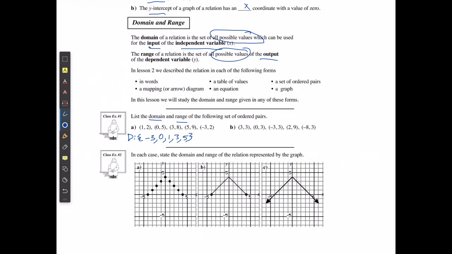For my range, it's represented by 2, 5, 8, 9, and 2. I'm not going to repeat the 2. Let's just say 2, 5, 8, and 9.